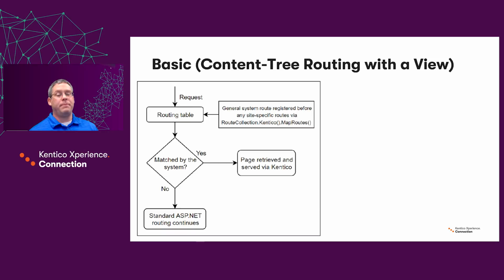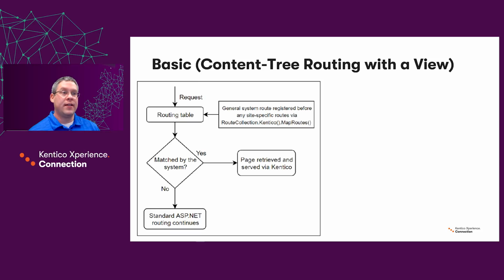So with the basic content tree routing, it's really simple. If you make a page type or a content type of article, as long as that name is in the URL path the route is about, like /article/ the title of the article, Kentico matches that, as long as you turn on the feature at a very simple level.